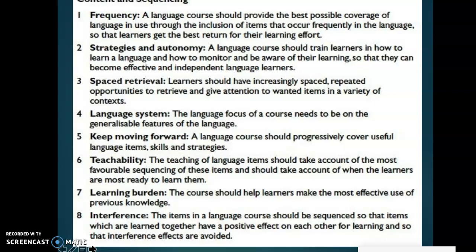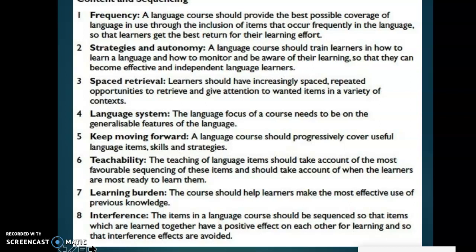Number 5, keep moving forward. A language course should progressively cover useful language items, skills, and strategies. 6. Teachability. The teaching of a language item should take account of the most favorable sequencing of these items and should take account of when the learners are most ready to learn them.